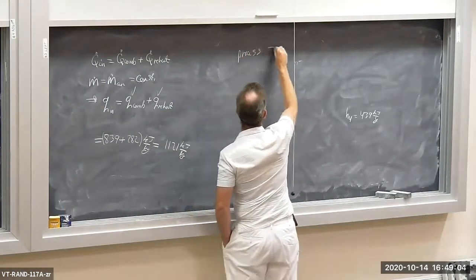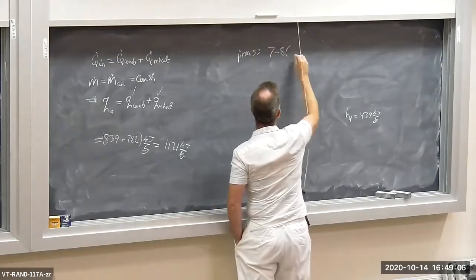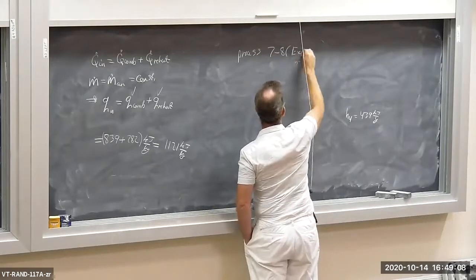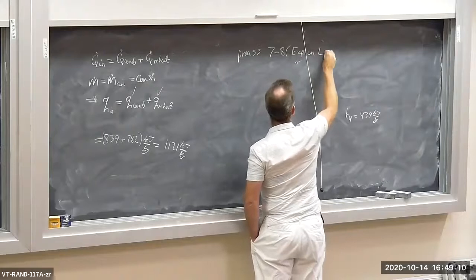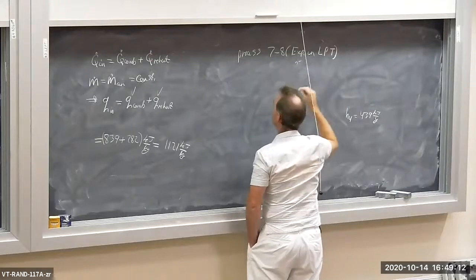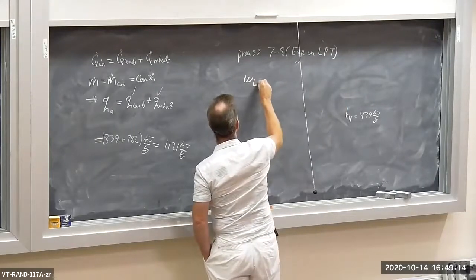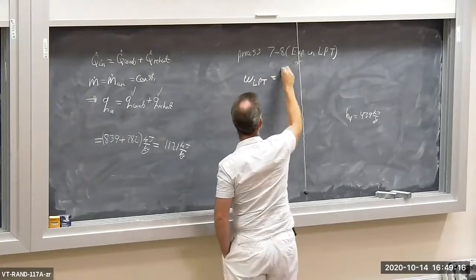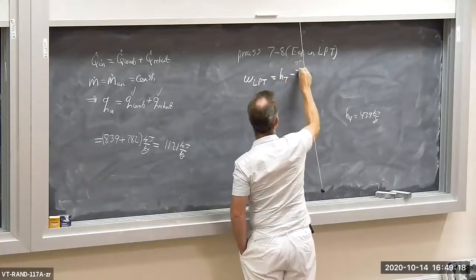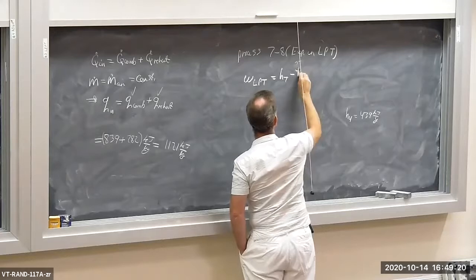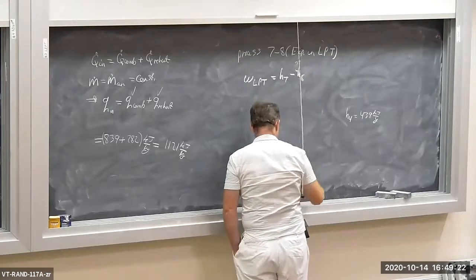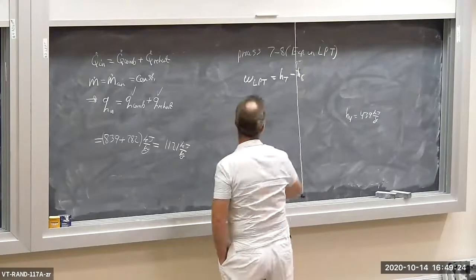Process 7 to 8, that's expansion in LPT, and I get WLPT, which I know is equal to H7 minus H8. I'm running out of chalk here.